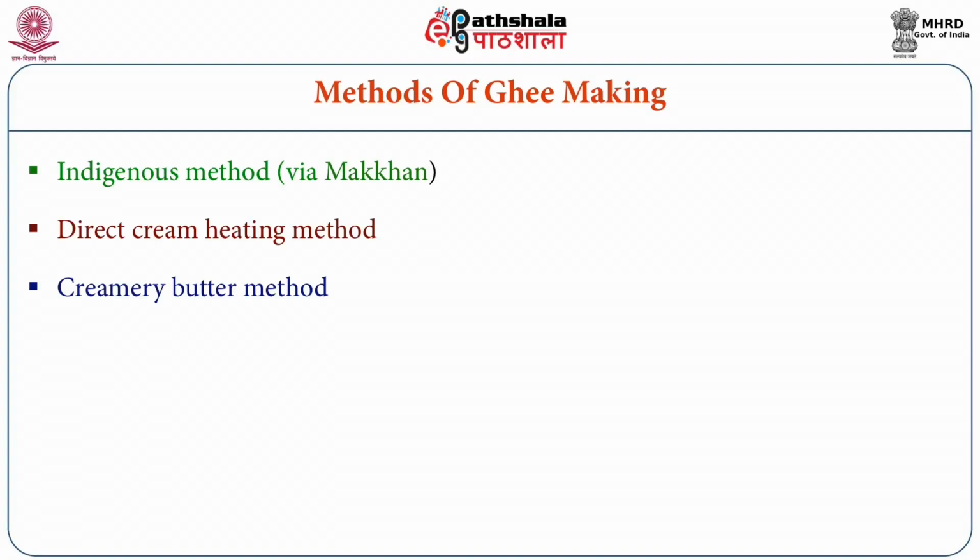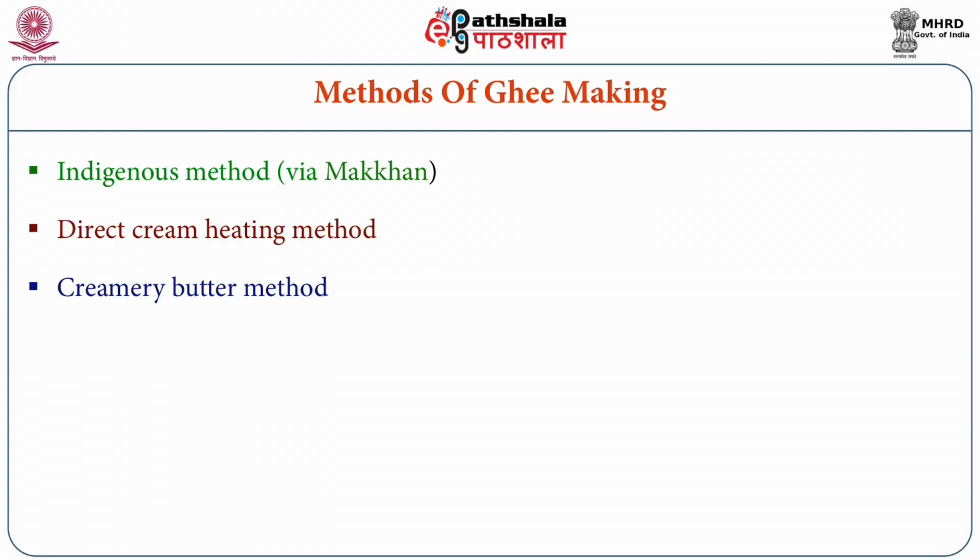The third method, very widely adopted all over India, is the creamery butter method. In this case, the starting material, rather the semi-finished material, should be the white butter. You already know that white butter contains up to maximum 16% water. It also does contain some curd content, which we call SNF content. All you have to do is remove the moisture to less than 0.5 or 0.3% as per FSSAI or AGMARK standards by heat treatment, that is using steam under pressure.